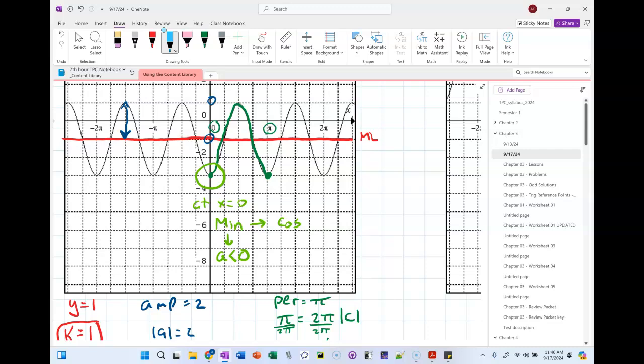It doesn't matter which one, although the one you pick will affect your answer, but you can pick any one of them. So any point where the graph crosses the midline would be a good one to choose. Let's say, for example, we picked this one right here.